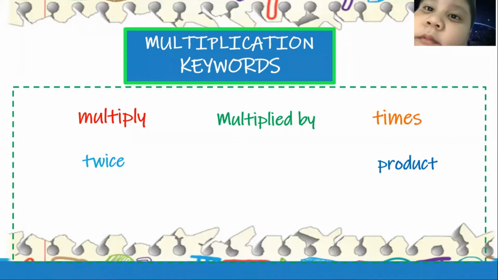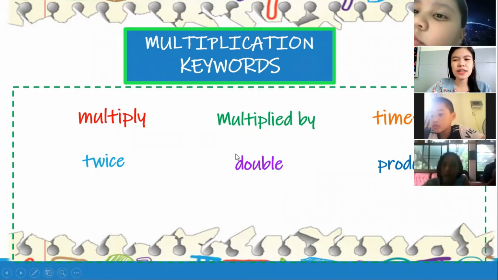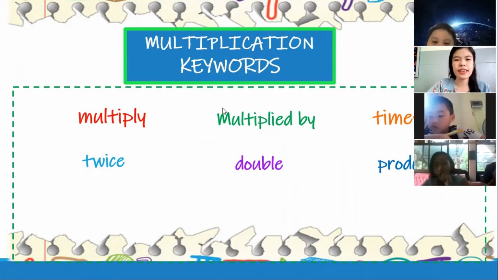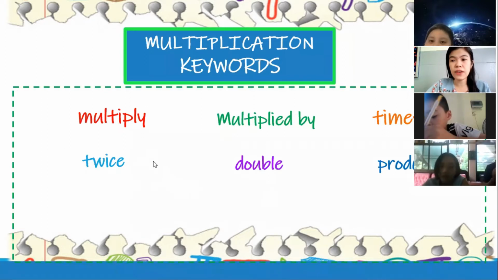It is the result. Then we also have this word, who can read this? Double. Very good. Double is the same as twice. You have to multiply by 2. Twice, double, same.